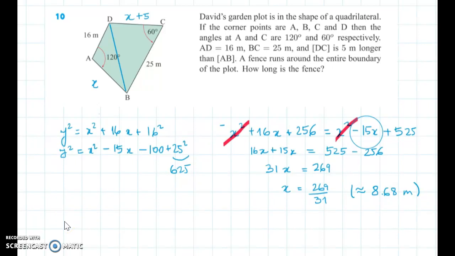Now, the formula we have for the perimeter to find the length of the fence is 46 plus 2 times x. So 46 plus 2 times x, the exact value of x is over here, 269 over 31. And if you approximate that with the calculator, you will get that the fence is 63.4 meters, approximated to three significant figures.